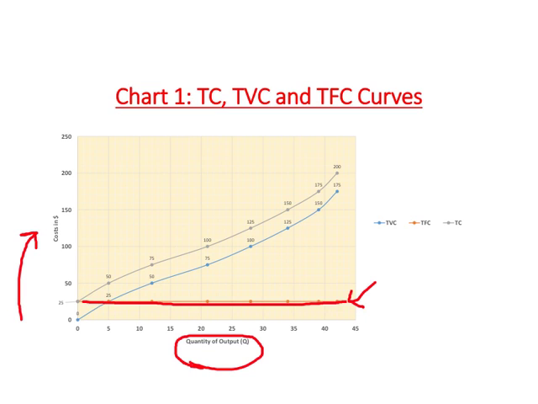Next, we plot points relating to total variable cost, and as output varies, we can see total variable cost goes on increasing. When the firm produces 5 units of output, how does it produce them? By using one labor.